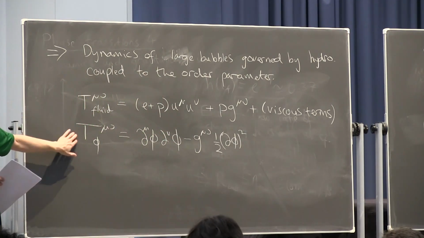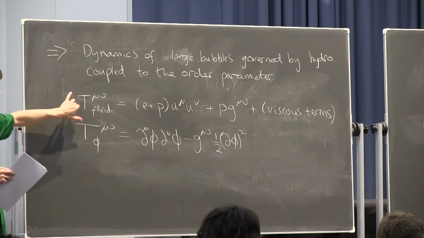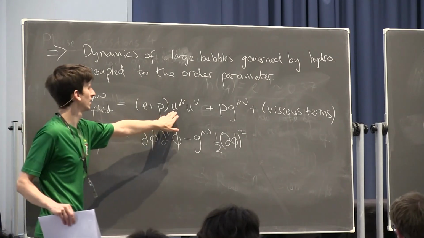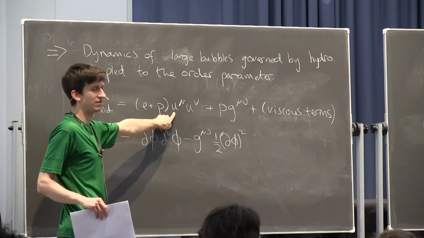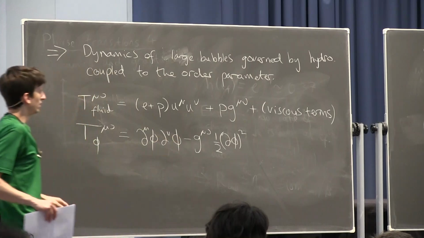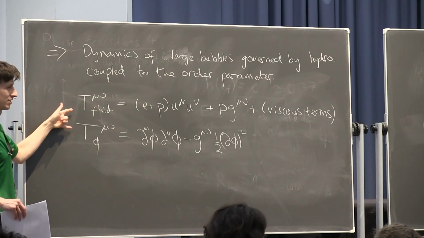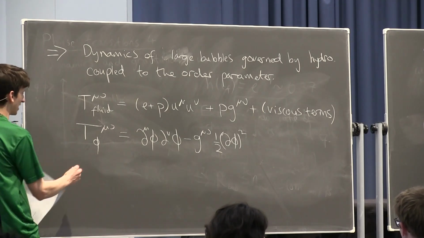We're going to need a separate equation for phi because this is not just determined by that. So hydrodynamics gives you equations for u mu and the temperature as a function of position. Those are 4 variables. This is 3 variables because it's time-like and a unit vector. So when we take the divergence of this, we get 4 equations. For those 4 variables, we need another equation for the scalar.